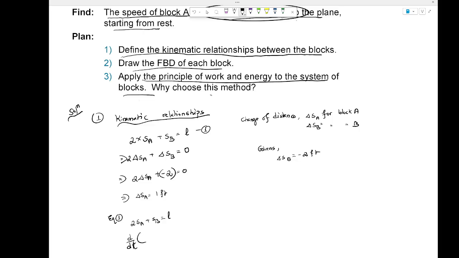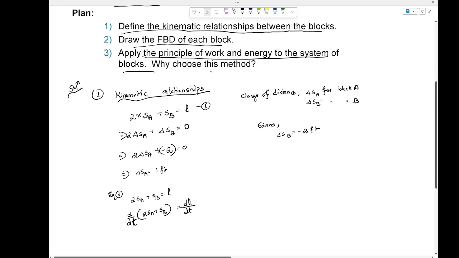Anytime we have a small t, that means time, right? So we have 2SA plus SB equal del L divided by del T. Now, what will happen with the rope? The change of length per unit time, is there any value involved? No. The rope will not change because it's constant length. So this would be 0.